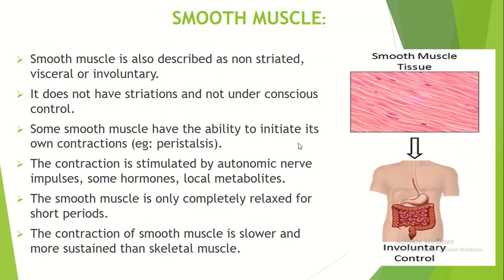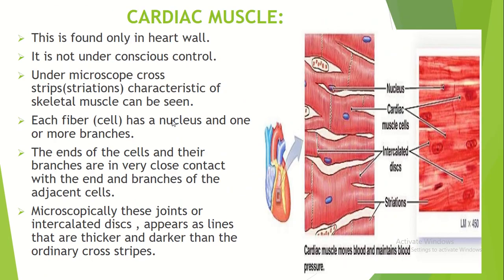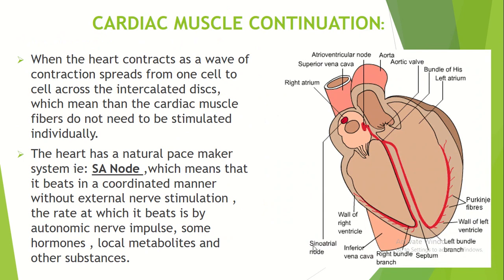In skeletal muscle, we need this nerve to be present, but cardiac muscle needs no nerve stimulation, because there is the sino-atrial node, the natural pacemaker of the heart. It is the one which initiates the pumping of the heart. It initiates one cell, and through that cell it is transported to all the cells present in the heart.